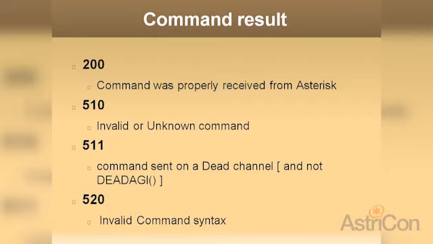As for the results, currently we have 4 results. The 200 is analogous to the 200 OK. It means your command was successfully received by me, and it was executed properly. 510 is when I'm getting an invalid or unknown command.